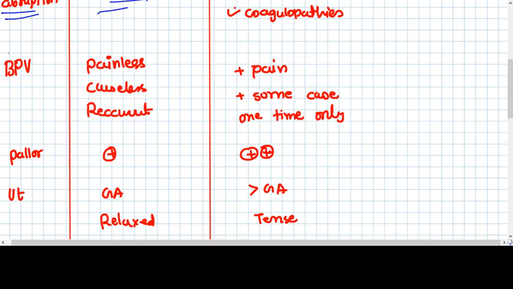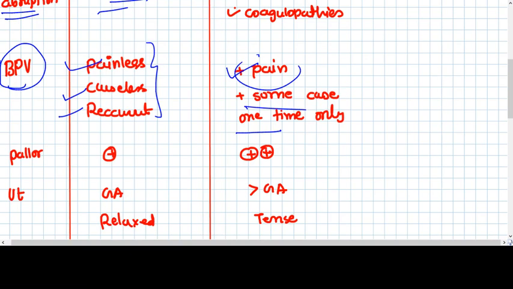Now, the type of bleeding PV: if you ask the history very properly, the bleeding is painless, causeless, and recurrent in placenta previa, and in bleeding PV of abruptio placenta, there is abdominal pain. There is some cause like trauma or anything can happen.